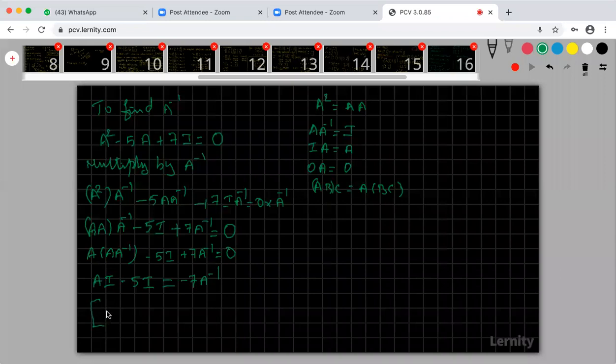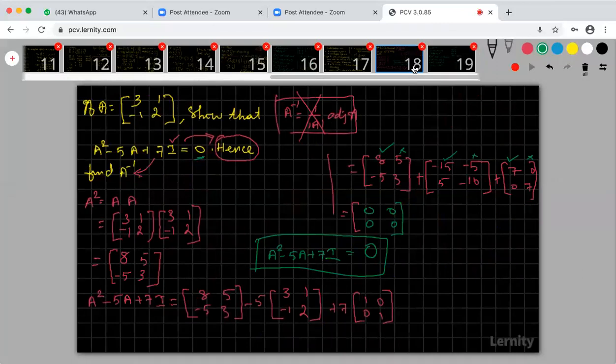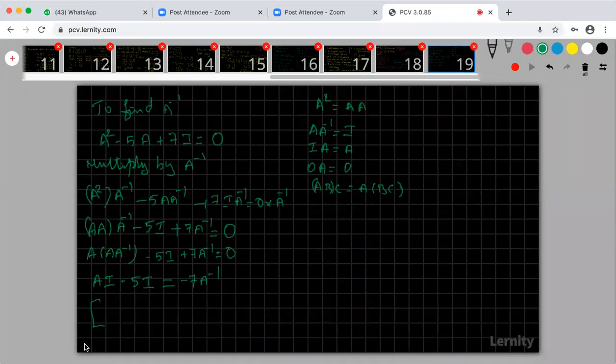So therefore, apply A. What is for A actually? A is 3, 1, minus 1, 2. Okay. What is my identity? Identity is 1, 0, 0, 1. Okay. So this is equal to minus 7 times of A inverse.